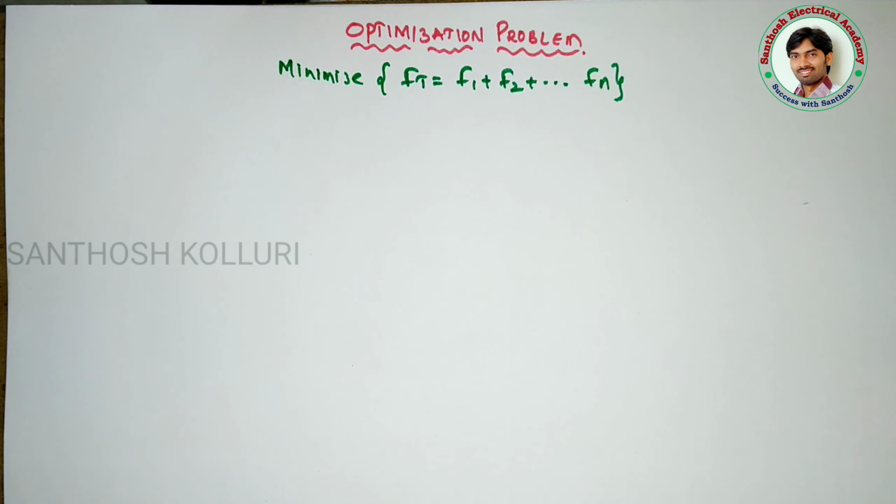The objective of our optimization problem is to minimize the total fuel cost of the plants. And what are the constraints for this? We have equality constraints and inequality constraints. Equality constraints have a mathematical equal sign, and inequality constraints have either less than, greater than, less than or equal to, greater than or equal to, or not equal to, like that.